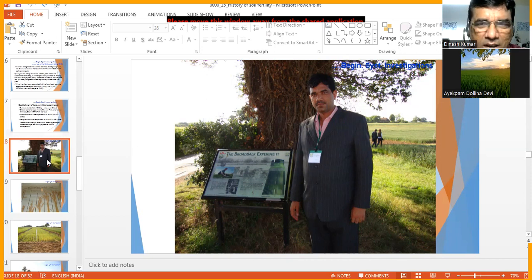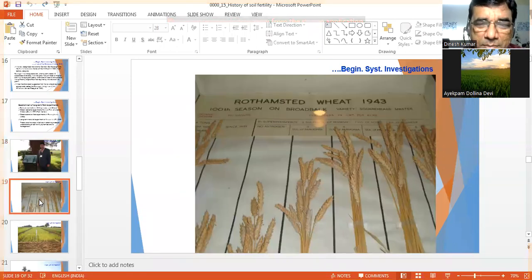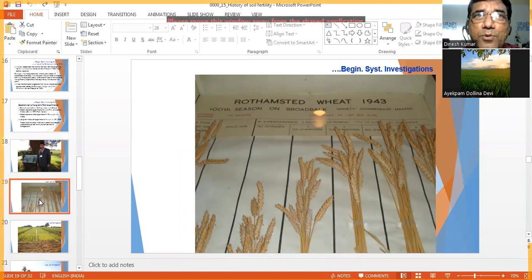This is in Hertfordshire near London, and you can see that these people are keeping archives of samples, plant samples as well as soil samples. Starting from 1843 up to now, every year they take samples of the soil as well as plant, and they have a storage where they store these archives, so that sometimes after 100 years, 200 years, whatever it may be, they can be used for research purposes.